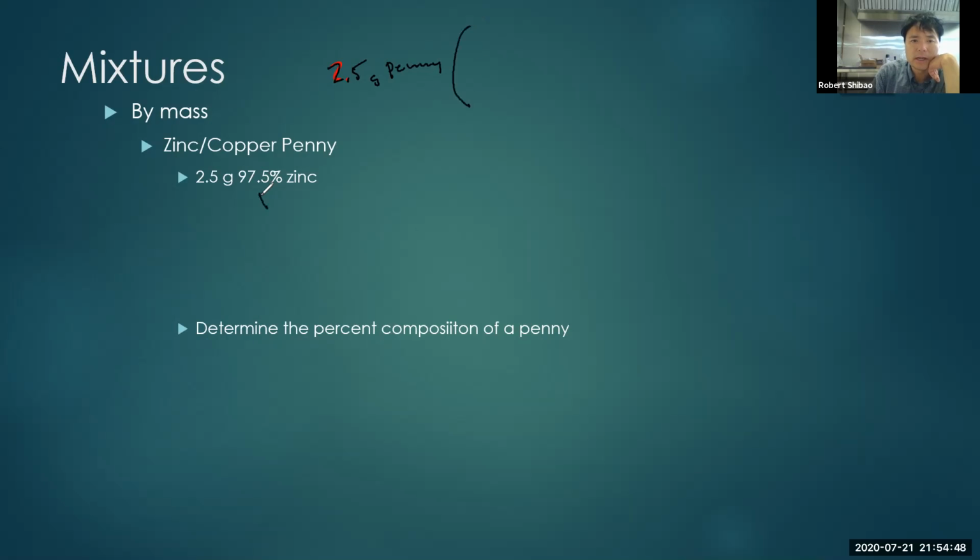And so what does this say? This says 97.5 grams of zinc for every 100 grams of penny. And so we'll put that in here, 97.5 grams of zinc for every 100 grams of penny. And so this gives us how many grams of pure zinc we have.